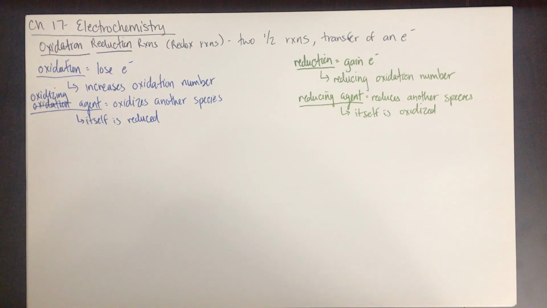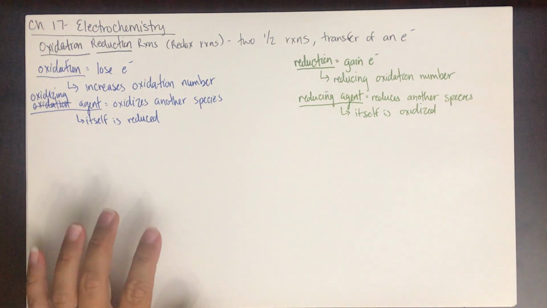Okay, so this is all gaining and losing electrons. So similar to acids and bases where we're gaining and losing hydrogens, in redox reactions, we're transferring electrons. So the way that we work through redox reactions is we assign oxidation numbers to atoms or ions to be able to determine if a species is being oxidized or reduced.